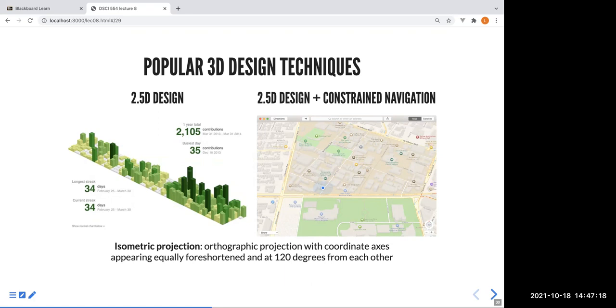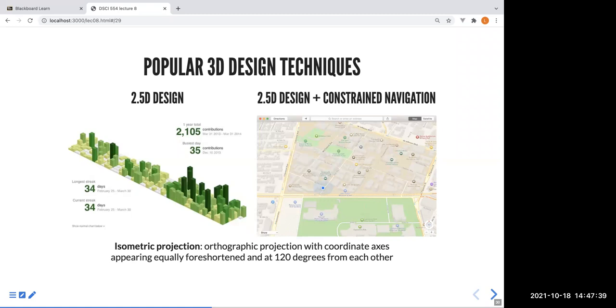And the second way is to simplify the way you can actually move around to avoid the occlusion. So the 2.5D design is usually a good thing to do, but it depends on your data.